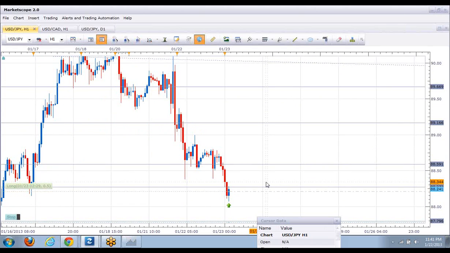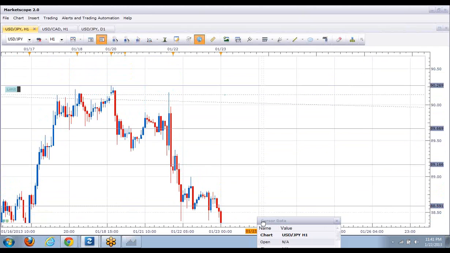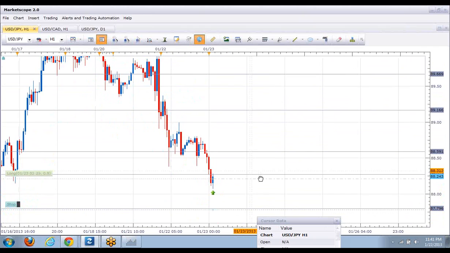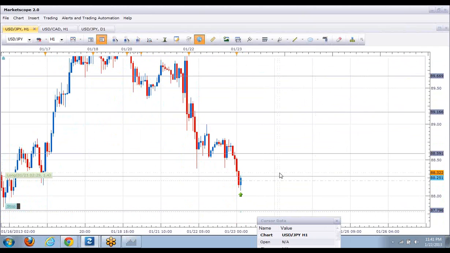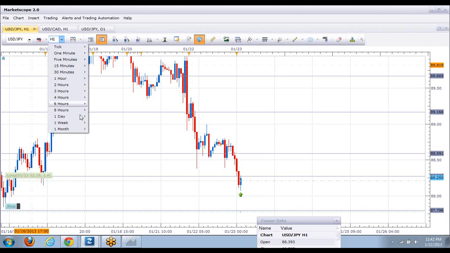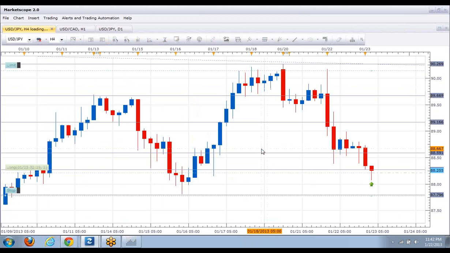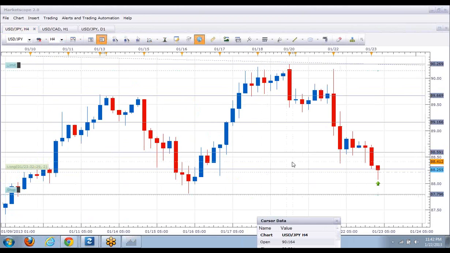Right, from where we are at today, is that an uptrend or a downtrend? It would be a downtrend. Okay, so based on the 1 hourly, it's a downtrend. 4 hourly chart, is it an uptrend or a downtrend? For 4 hourly, it is an uptrend.